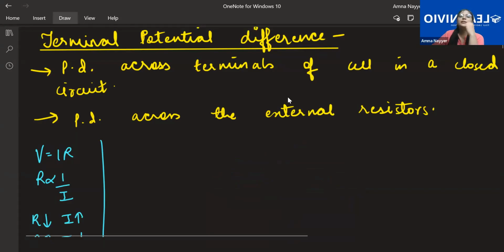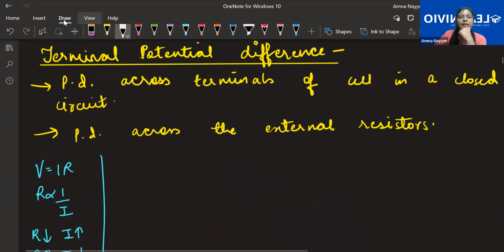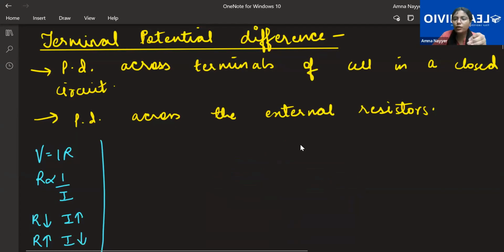All right. See, when we draw the circuit, let's say there are various circuits. Now, I'm not focusing on how you are connecting the external resistors. They can be connected in series, in parallel, a single resistor can also be connected, or any combination. So you reduce all of it and get one R equivalent value. Now, how to get that value, we'll study later.